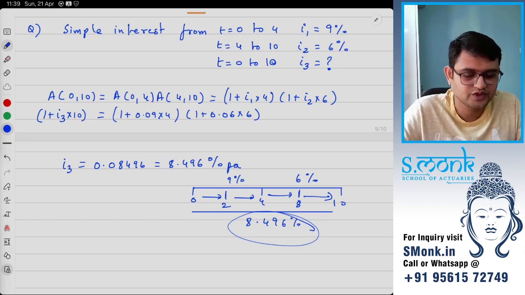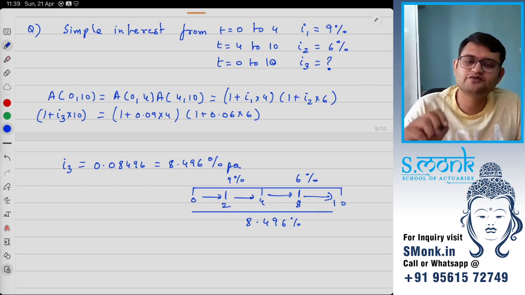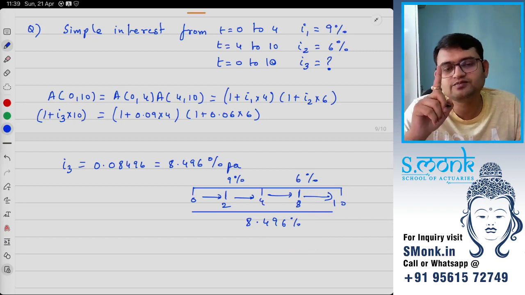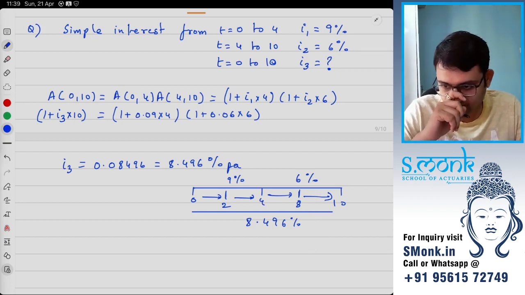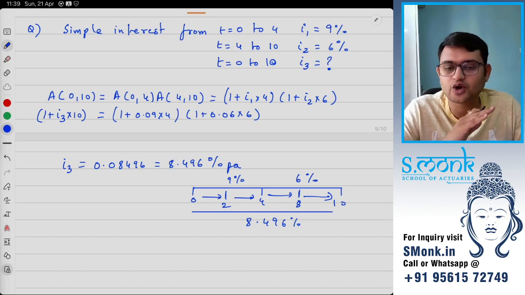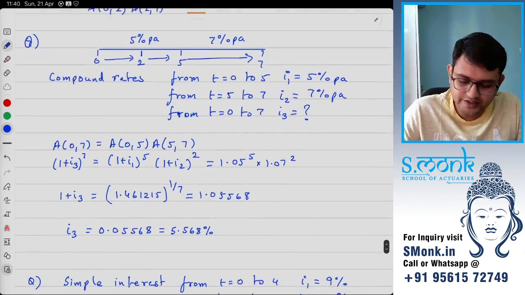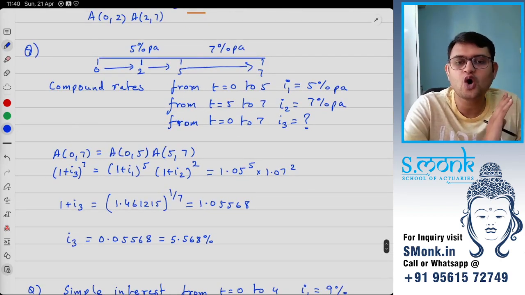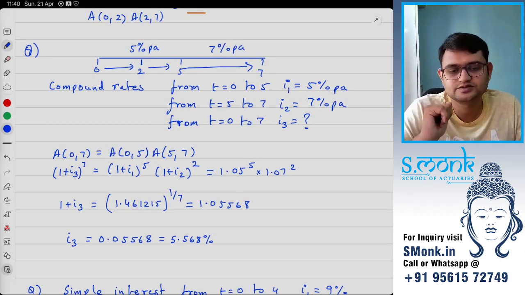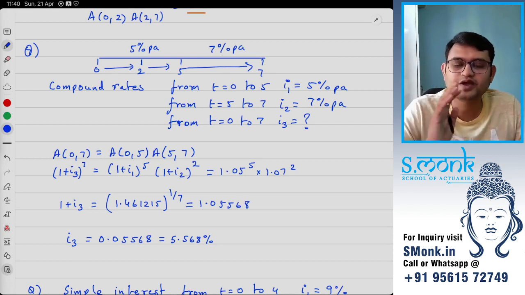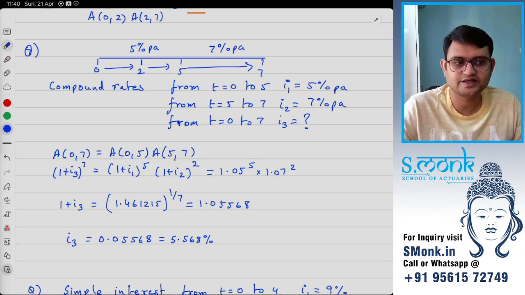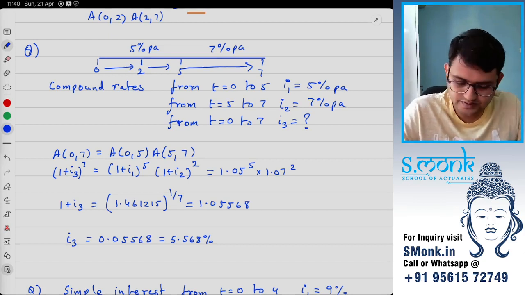Okay. So for simple interest, principle of consistency will work for only one path at a time. It will not work on all possible paths. But for compound interest, principle of consistency will work for all possible paths. Okay. And that is why compound interest is used for every type of calculations later on, because it is consistent, right? That's the reason.